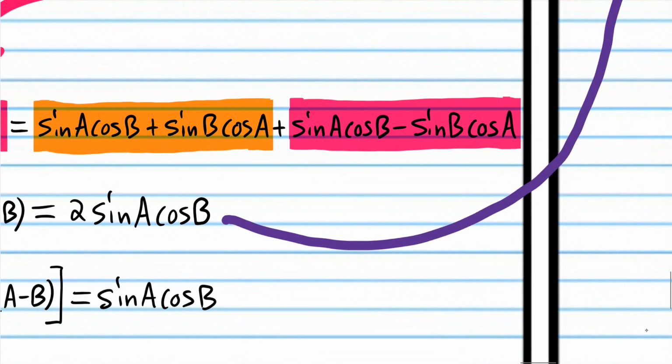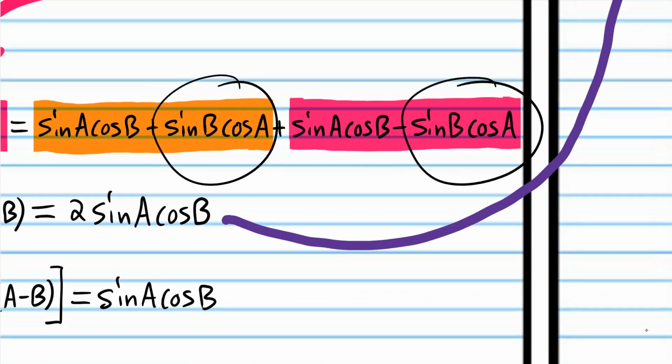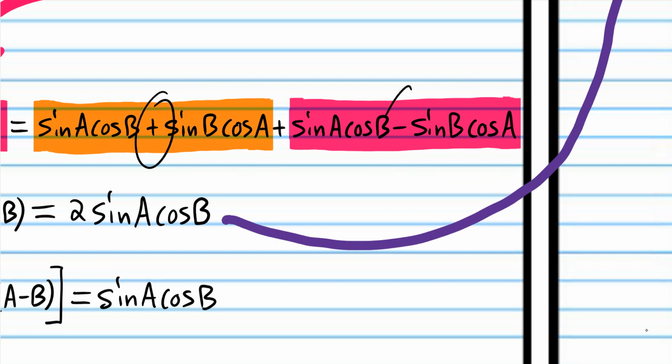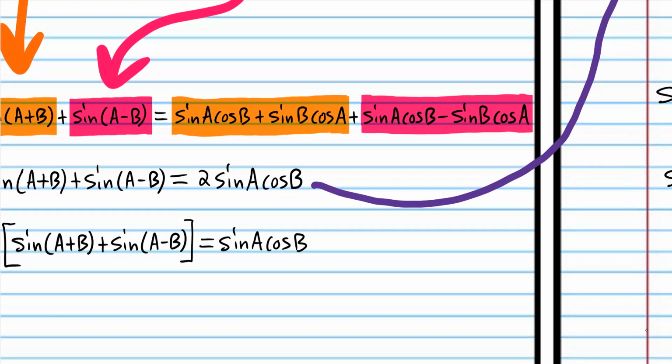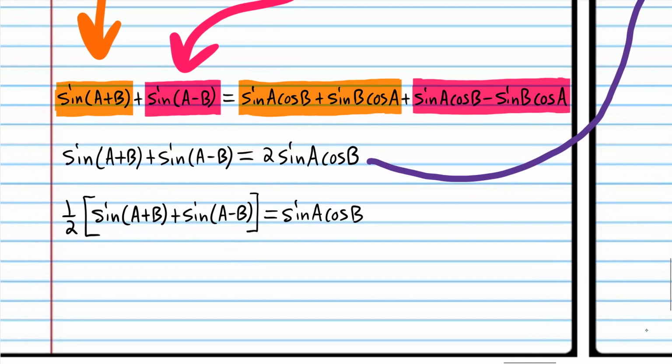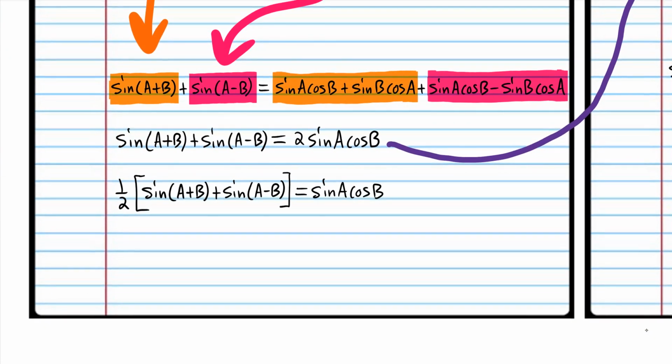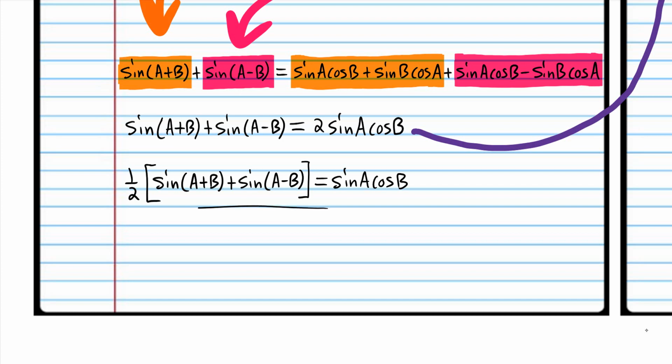This term here and this term are like terms, and one is positive and the other is negative, so they cancel out. Also, these terms are like terms, but they don't cancel out, so you can add them together and you get 2 sine A cosine B. If you then divide both sides of the equation by 2, you can write this over 2, or you can simply write times 1/2. Times 1/2 and over 2 are the same thing.